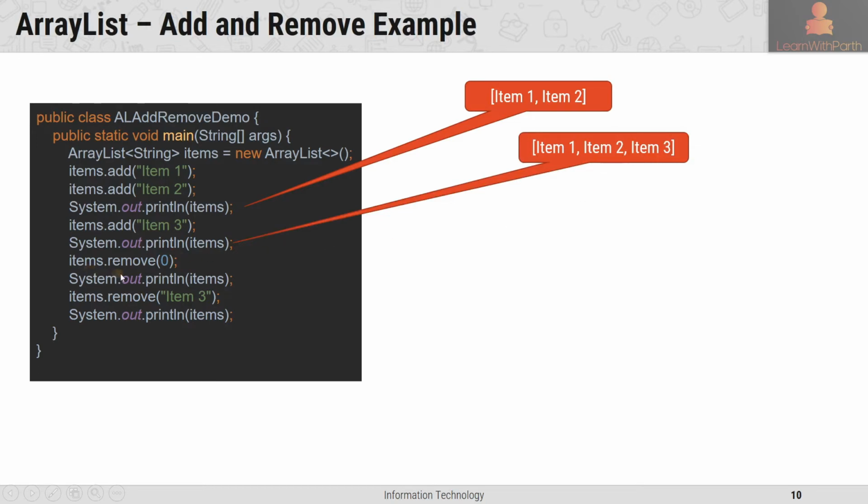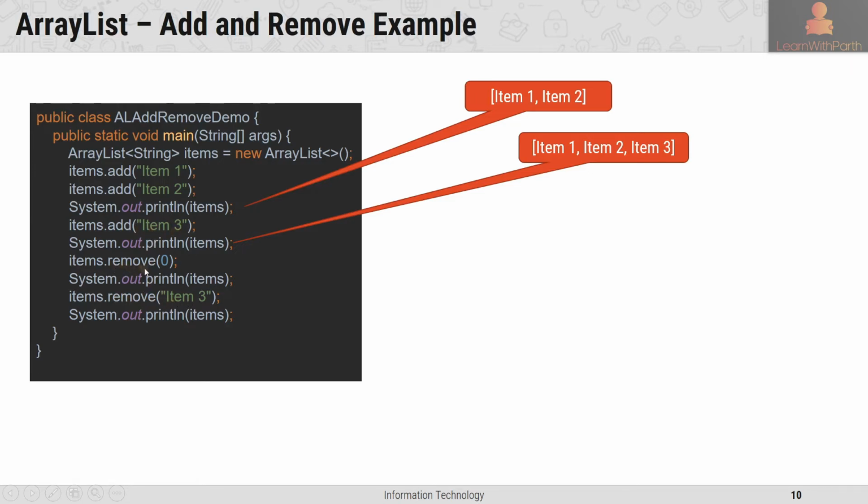Now suppose we want to remove an element. I have two different ways to remove an element from the ArrayList. Either I can use the remove method with the index, or I can remove the element with the help of that particular element name. Here item 3 is there, so whenever this method is called, this item would be removed.